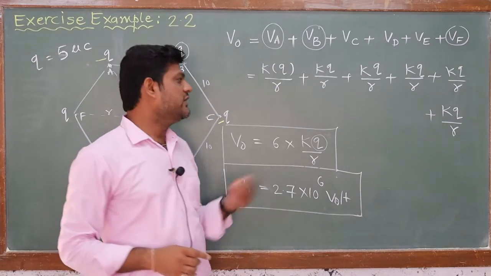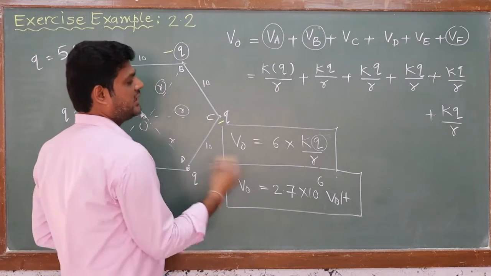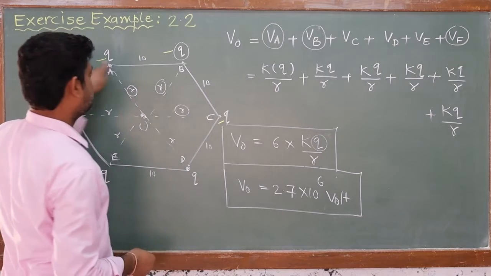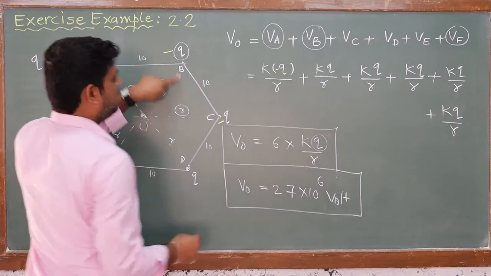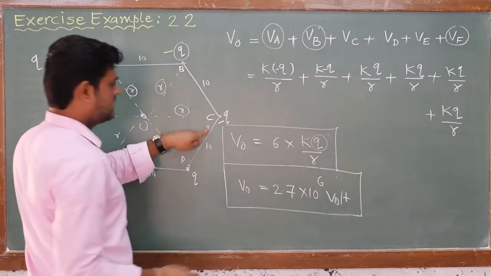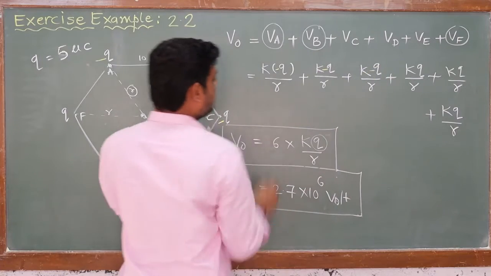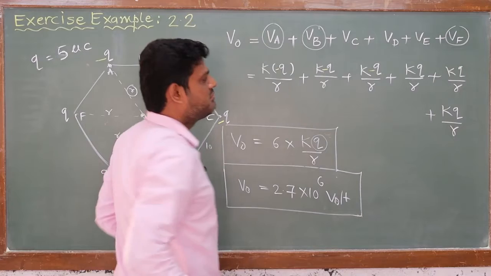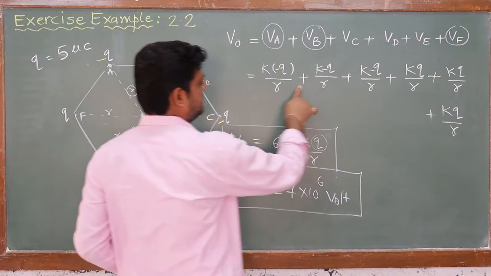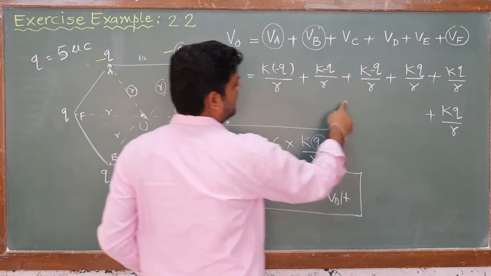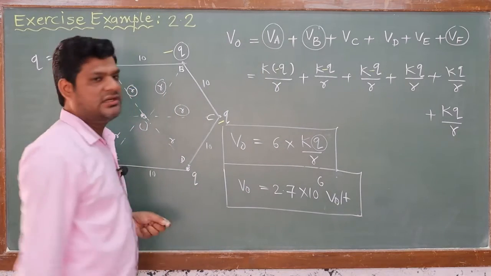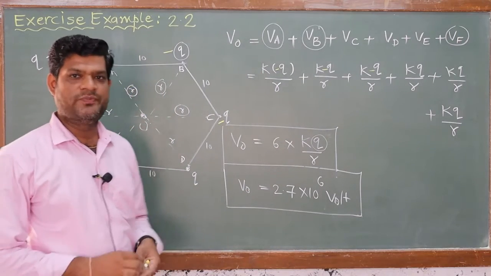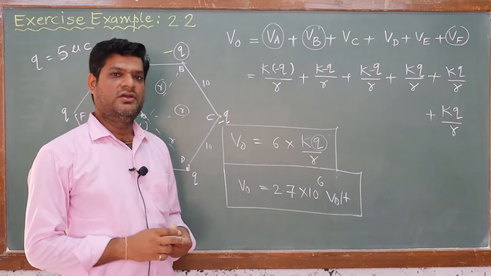So we can think on it and we can get the answer. So minus q, minus q, minus q. For A we will write minus q, for B also minus q, and for C also minus q. So this term becomes minus, minus, minus. So you can cancel out the terms and the potential at O becomes 0. This also we can think, right?